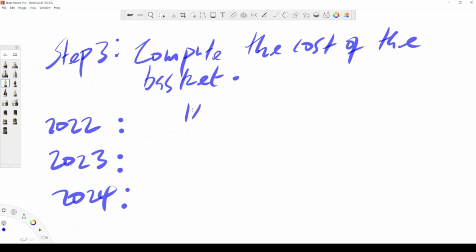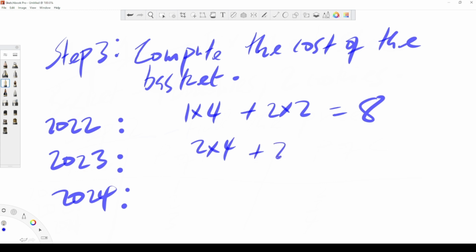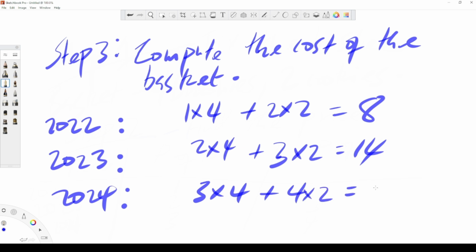So we have 8 to be the cost in 2022, 14 for 2023, and 20 for 2024.